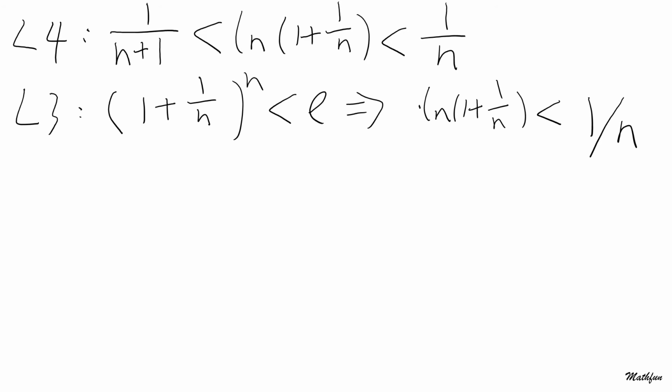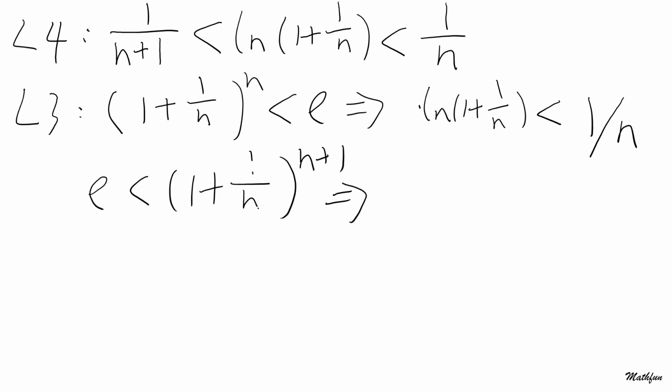Our lemma 3 also has a second part. The second part is e smaller than 1 plus the reciprocal of n to the power of n plus 1. The same idea, we will take a natural log, so that means 1 smaller than the natural log of this one. So n plus 1 times the natural log of 1 plus the reciprocal of n.